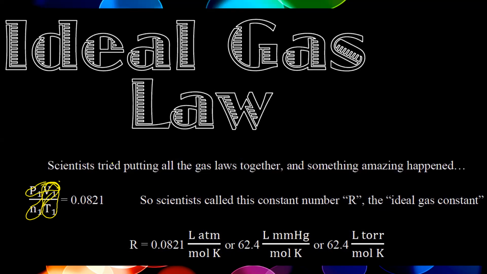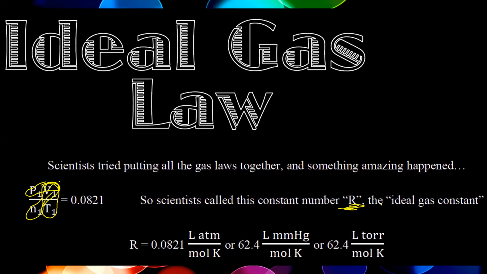So what we do is we abbreviate it with the letter R. Why the letter R? Pretty much because all the other letters were already taken. I kid you not, it doesn't stand for anything in particular, but capital R was still available. Lowercase r is radius, but capital R was still available, so they used it for ideal gas constant.